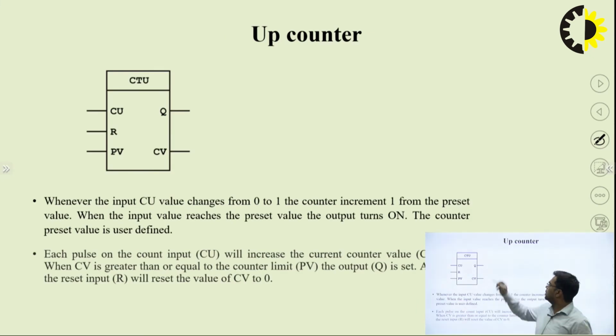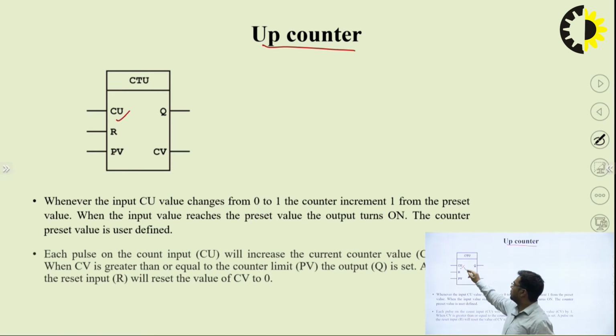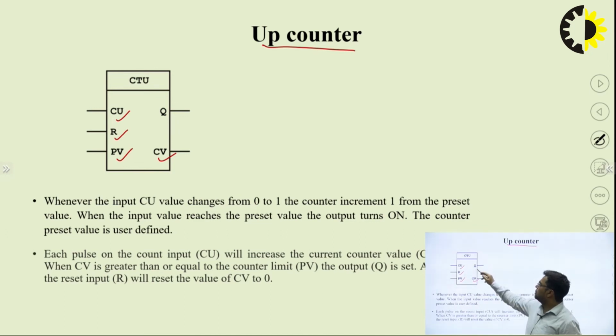So first of all, the up counter, where we use it. First of all, I will introduce the block that is used. CU stands for count up, R stands for reset, PV stands for preset value, CV stands for counter value, Q stands for output.